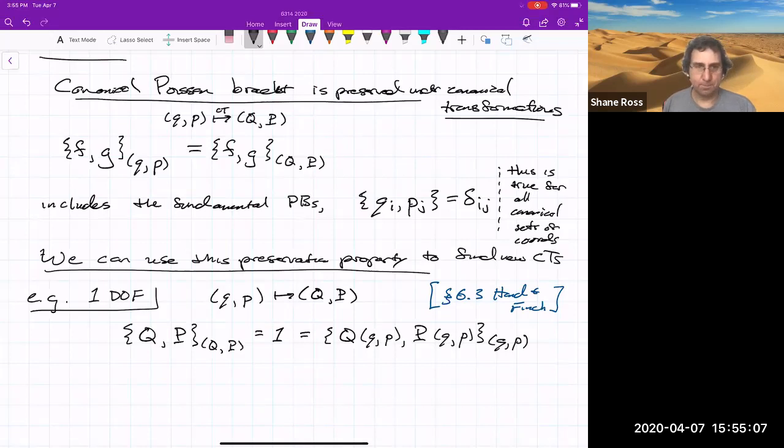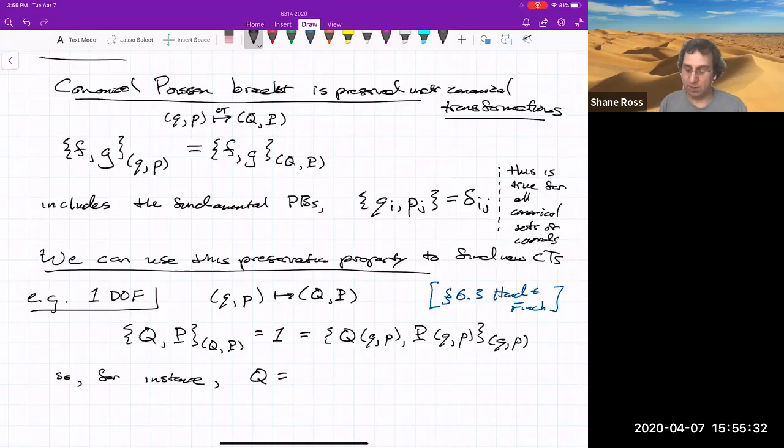So how do we use this? First, let's just write big Q in terms of little q, just to get this going. So let's say I want, for whatever reason, maybe I'm trying to make the Hamiltonian in the new coordinates look really nice.